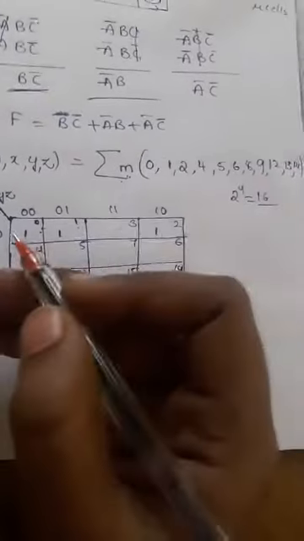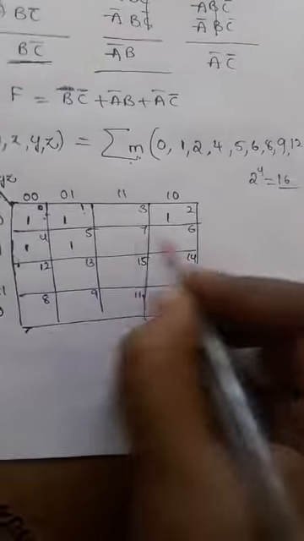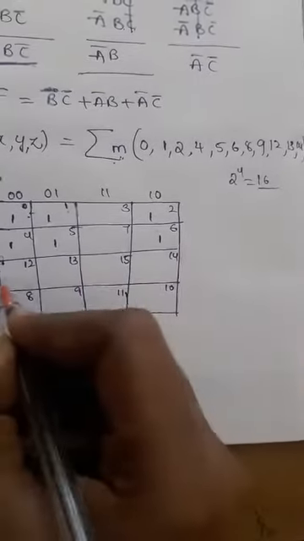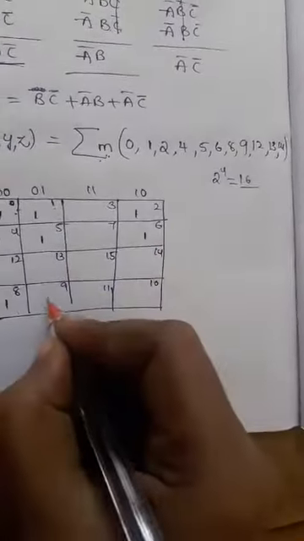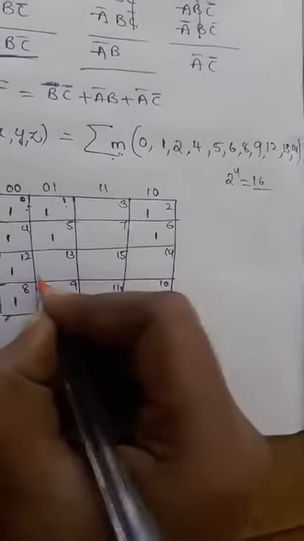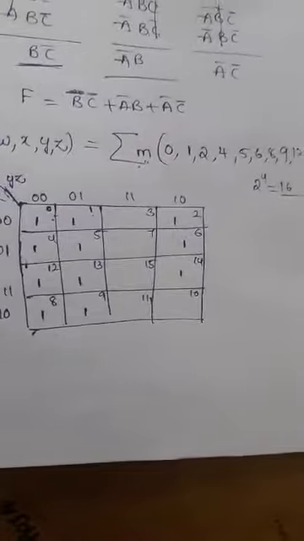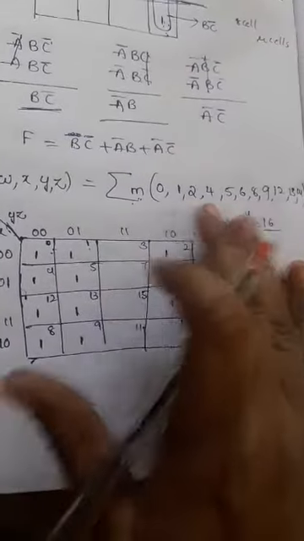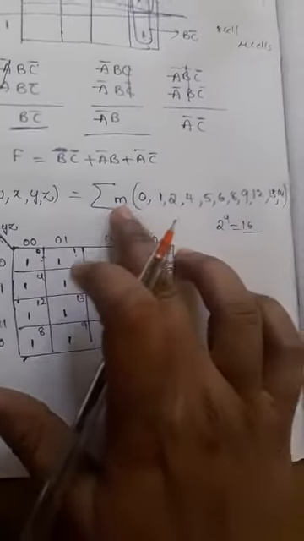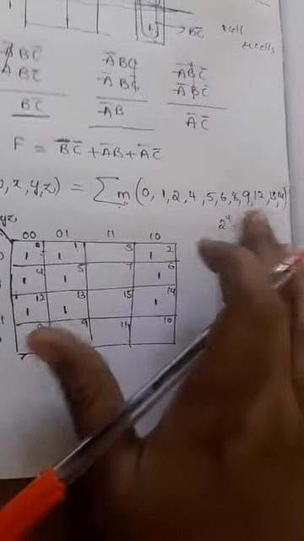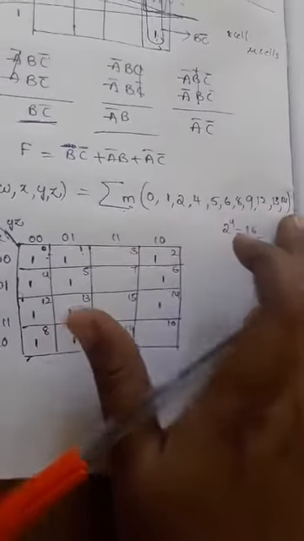You can check my 3 variable problem to understand. Next 5, 6, 8, then 9, 12, 13 and 14. This is the placing of 1. So the minterms we have are 0, 1, 2, 4, 5, 6, 8, 9, 12, 13, 14.